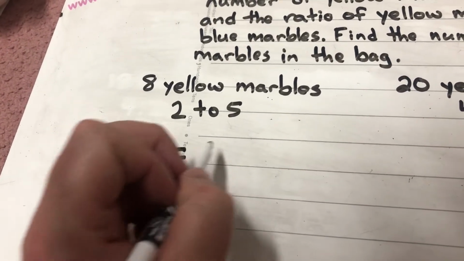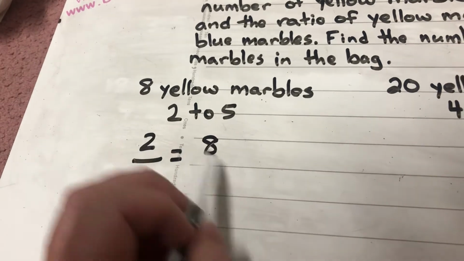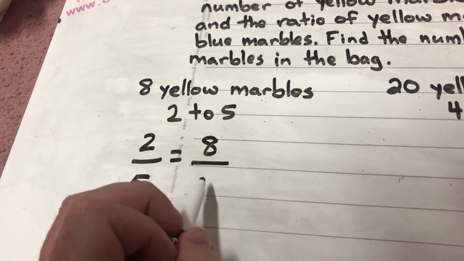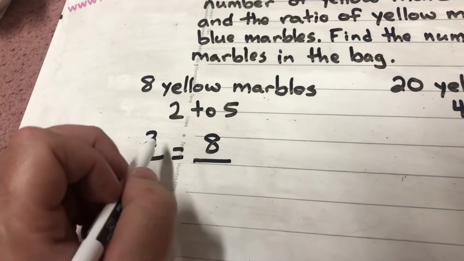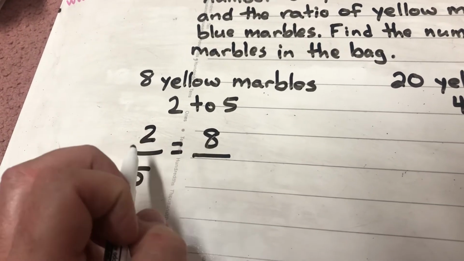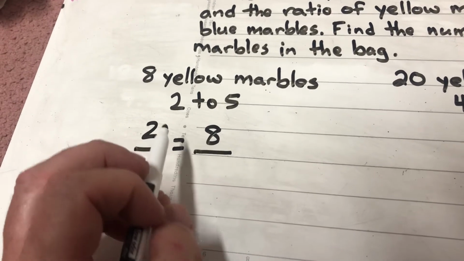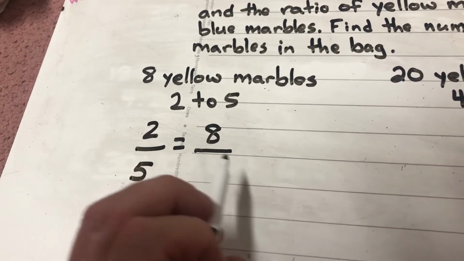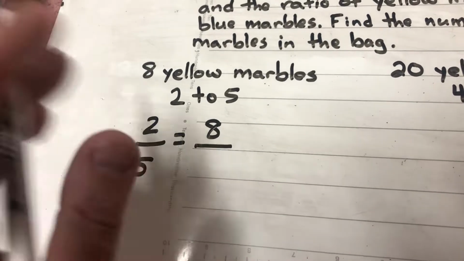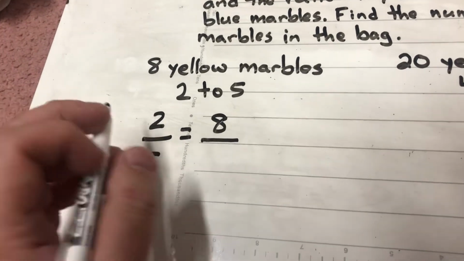But we know in the bag there are 8 yellow marbles because it tells us that right there. Our job is to figure out this number right here. So I think, well, what did I do to 2 to get 8? Now remember, with equivalent ratios, equivalent fractions, it's all about multiplying and dividing. Don't say, well, you did 2 plus 6. It has to be multiplication or division.